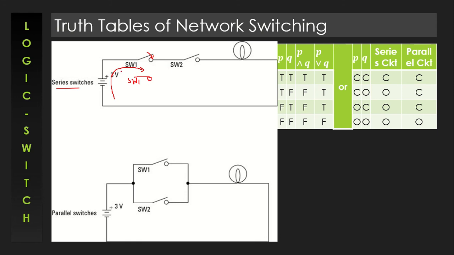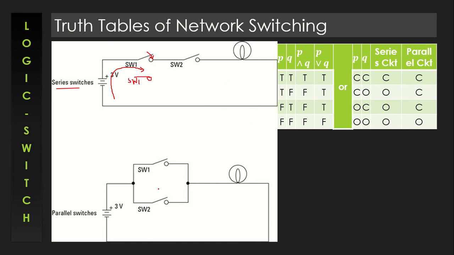In switch 1, the current will flow. However, when it comes to switch 2, since this is open, the circuit will not be able to light the bulb. This is an example of a series switch.